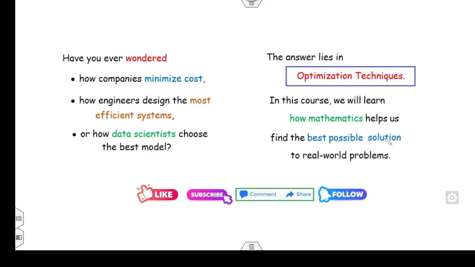Suppose these are your problems: how the engineer designs the best course. All these answers we will give in optimization techniques, and that's how mathematicians help us find the best possible solutions. That's the objective of today's lecture series.